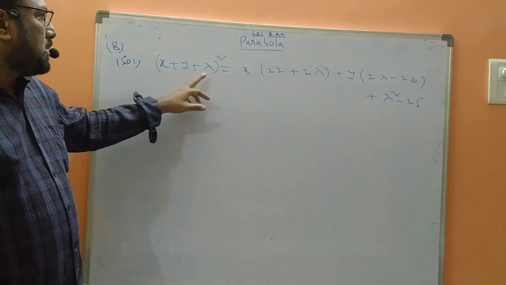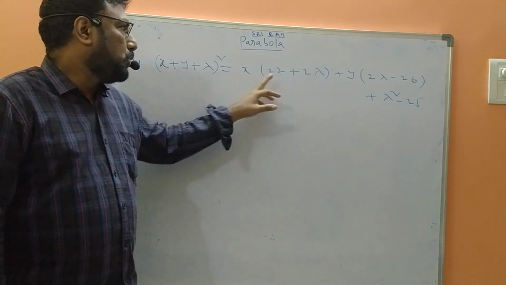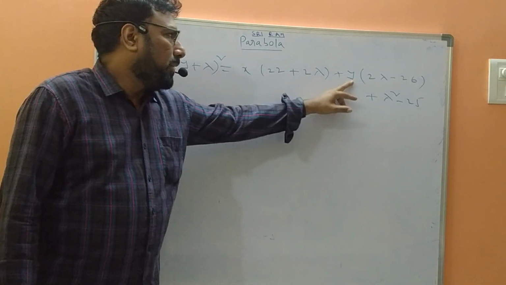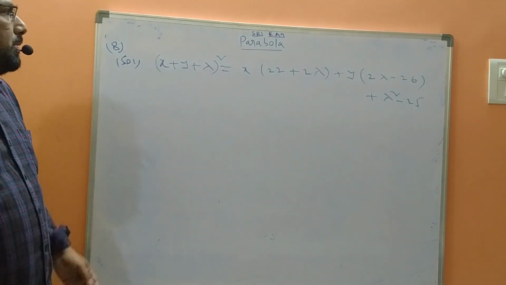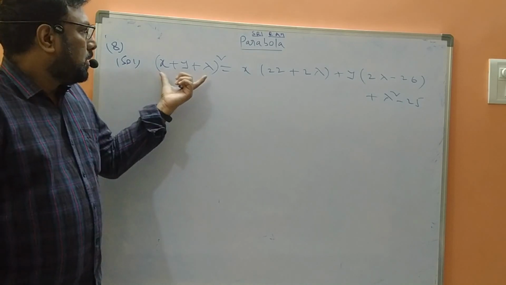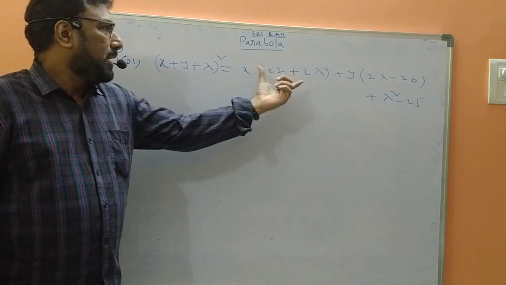Left hand side (x plus y plus lambda) whole square, right hand side x into (22 plus 2 lambda) plus y of (2 lambda minus 26) plus lambda square minus 25. Now it looks like y square equal to 4x.